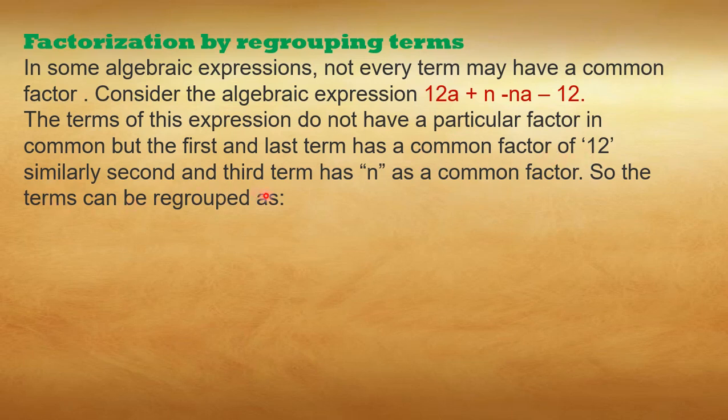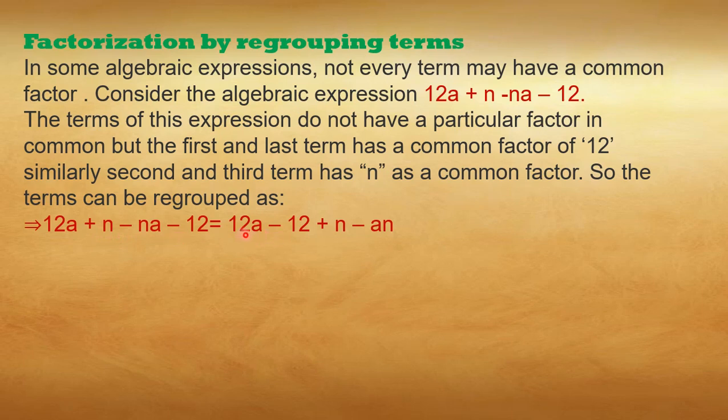Similarly, in the second and third terms, n is common. So we take the first and fourth terms together, and the second and third terms. As we know, rearranging is possible in an algebraic expression, so we can write it as 12a - 12 + n - na.